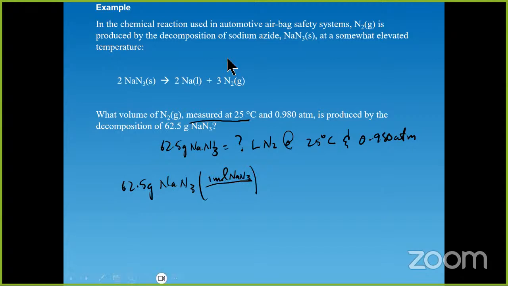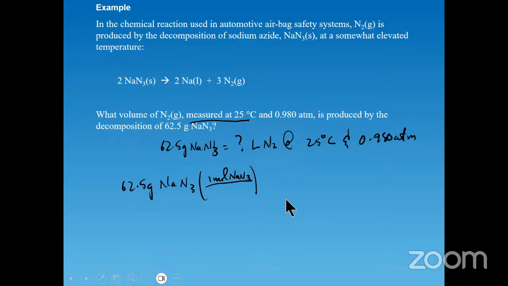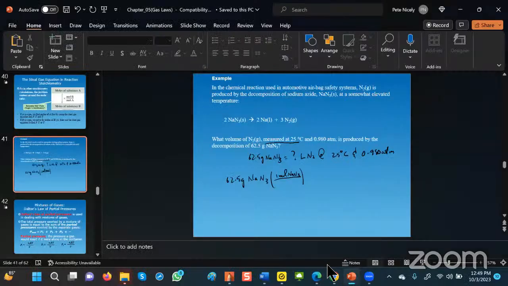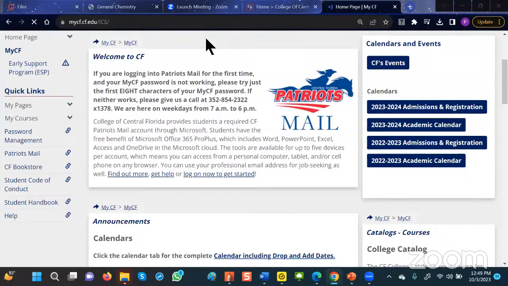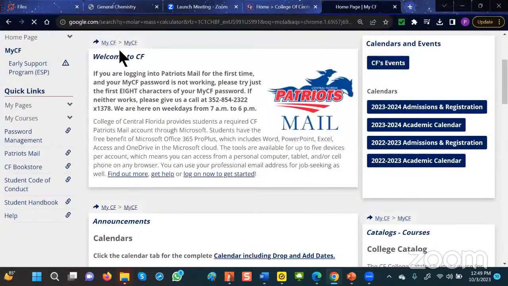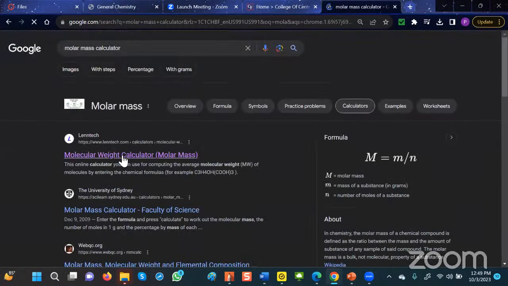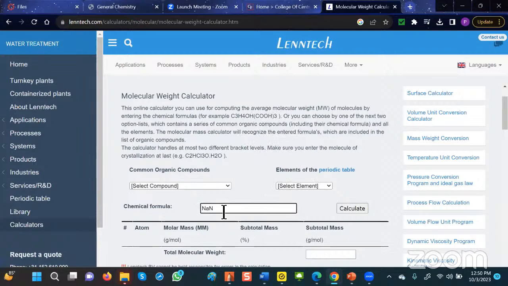Being the lazy person I am, I'm going to cheat a bit and use my trusty old molar mass calculator to find the molar mass of sodium azide, NaN3.